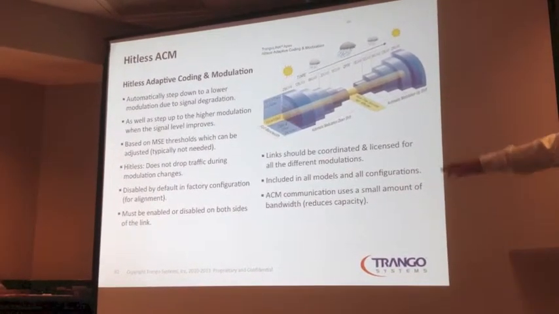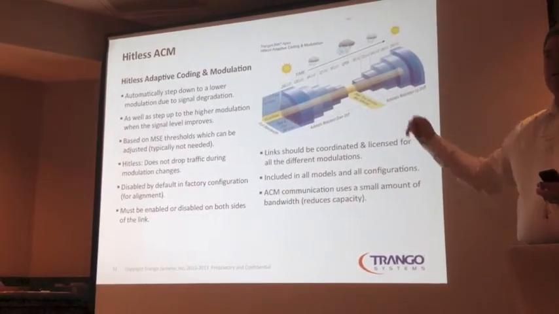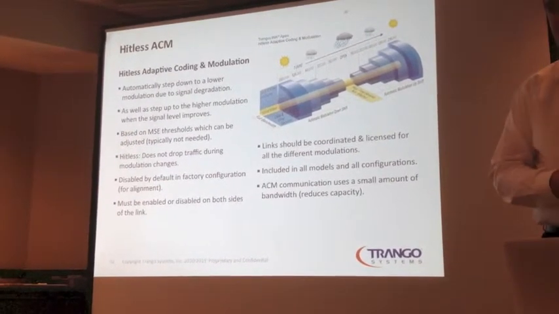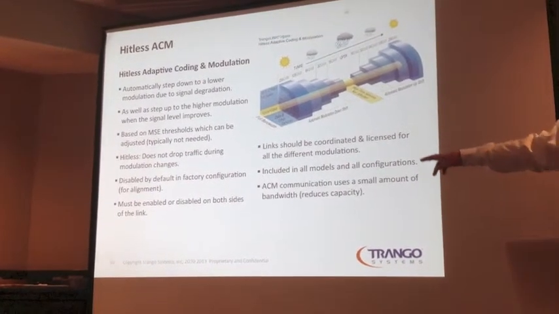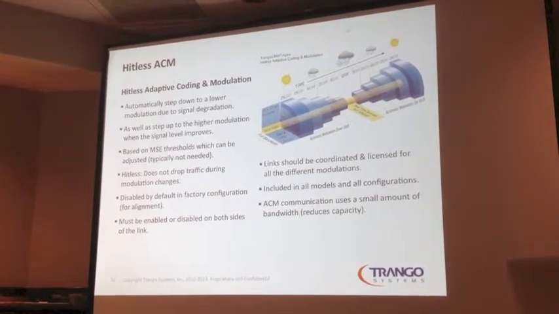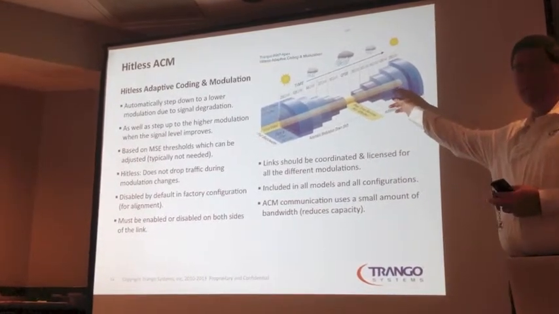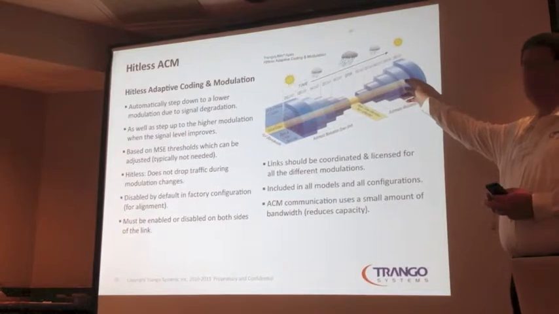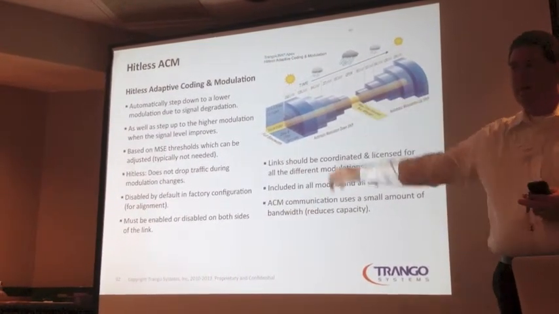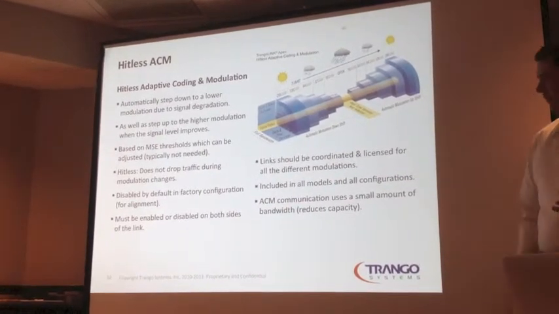Now, if you use ACM, you are allowed to go below those modulations as long as the link was engineered for 99.95% reliability at or above that threshold. Okay. So on your 11 gig link, even though you have to be running it at 64 QAM, by law, if you've got 4 nines reliability at 256, it can shift down to QPSK when it needs to. That's legal. But again, you do need to license it for ACM.